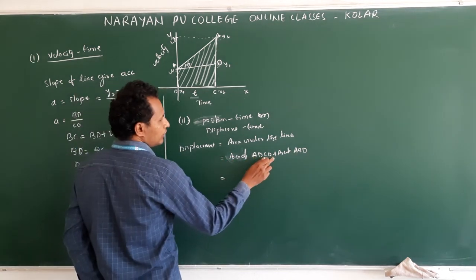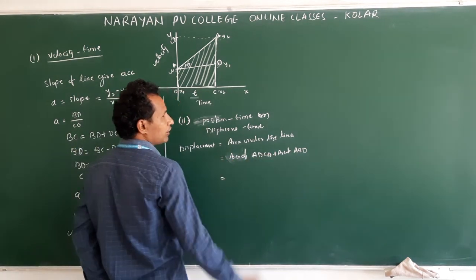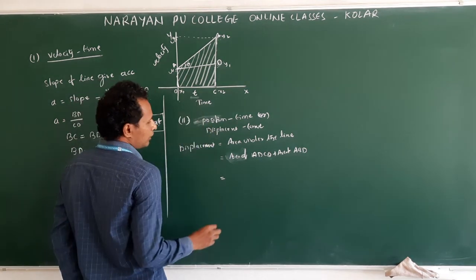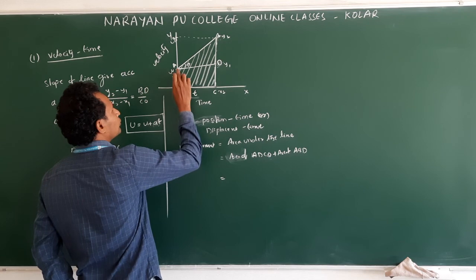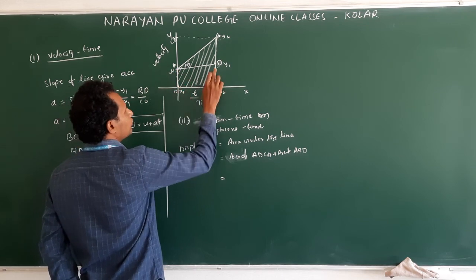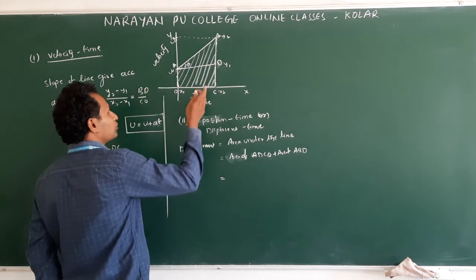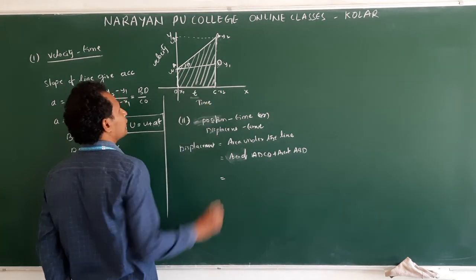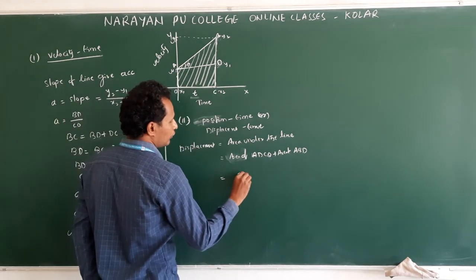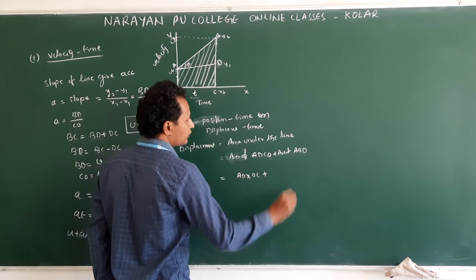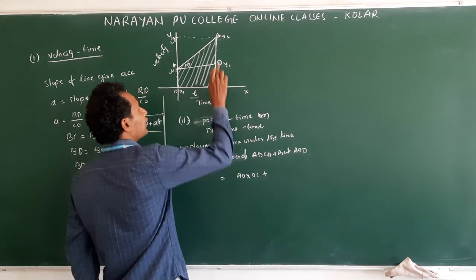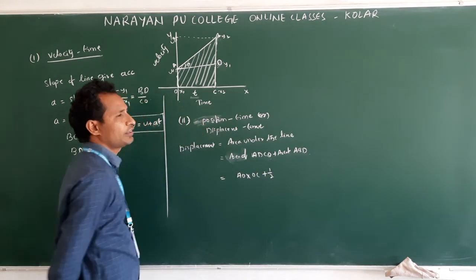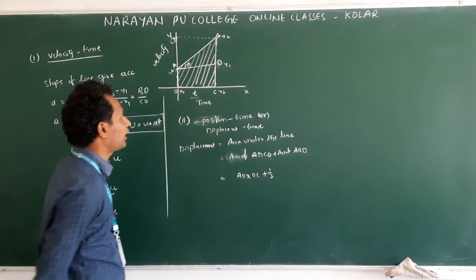ADCO is what? A rectangle. The rectangle area is length into side, the product of this and this. So I can write AO into OC plus the area of ABD. ABD is a right angle triangle, so its area is half into base into height.